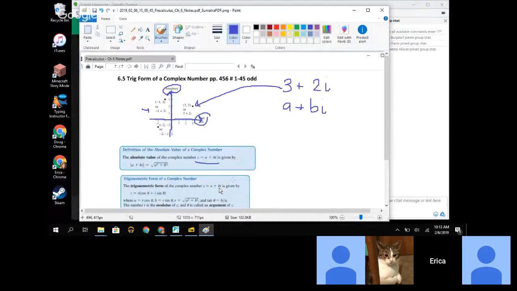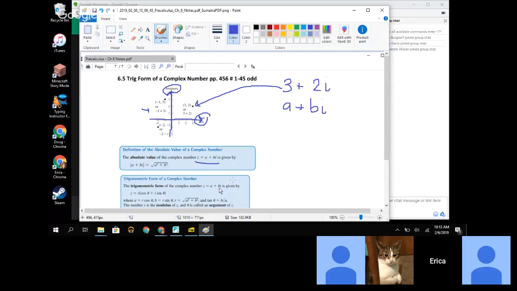All right, so that's one part of it. The first blue box that you have on your notes is talking about the definition of the absolute value of a complex number. So basically, we can take the absolute value of a complex number, and it looks a whole lot like the Pythagorean theorem again.